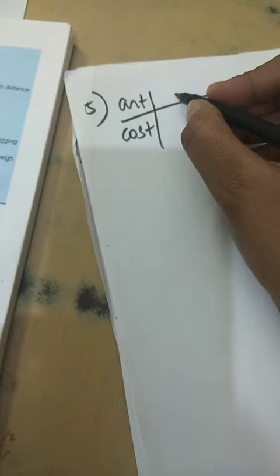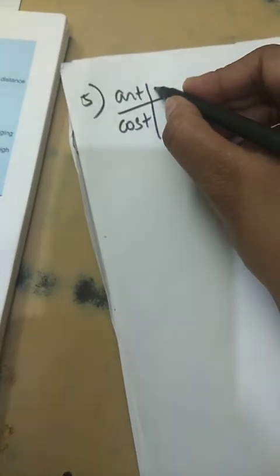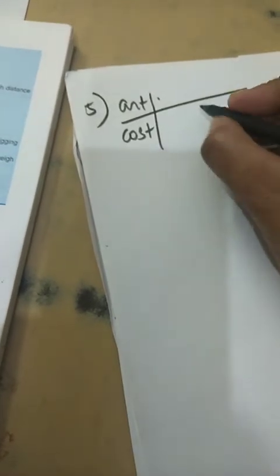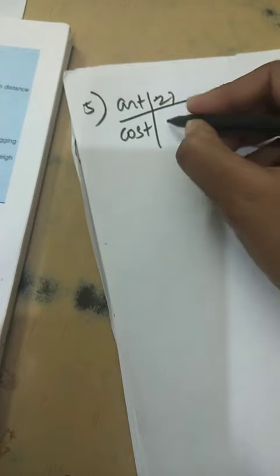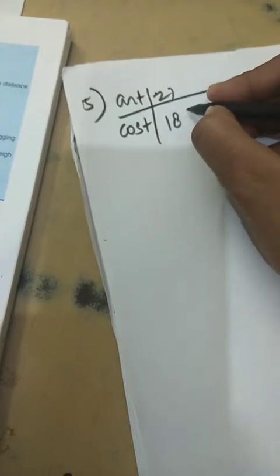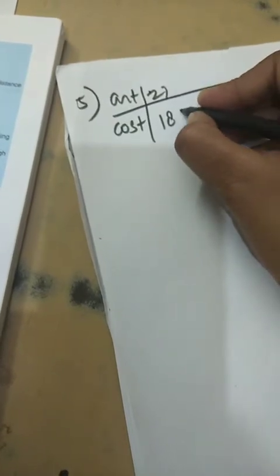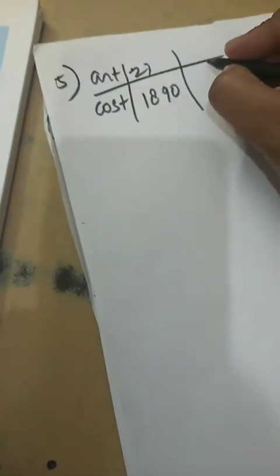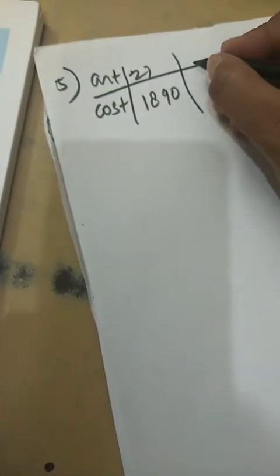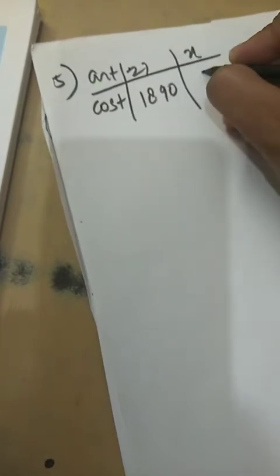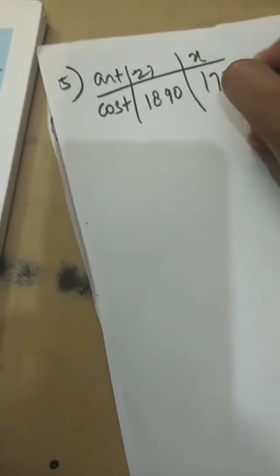Article is given as 27, cost is given as 1890, and then how many articles they are asking, so it will be x and cost is given as 17.